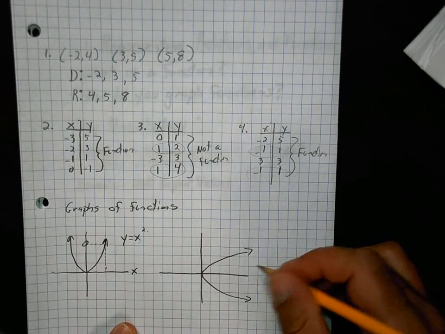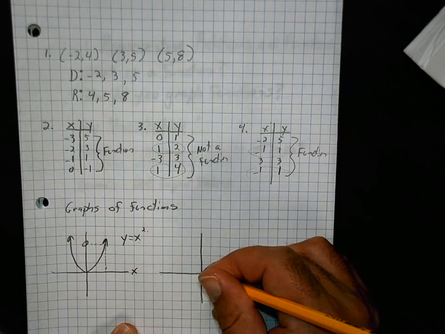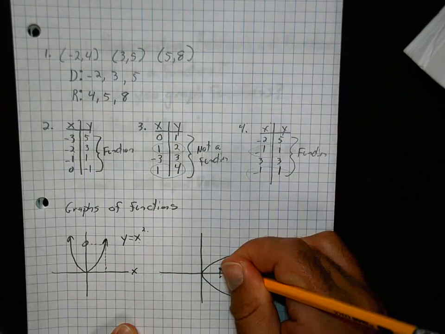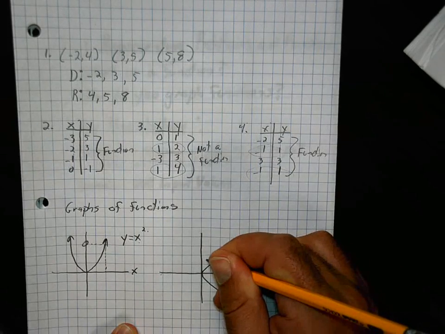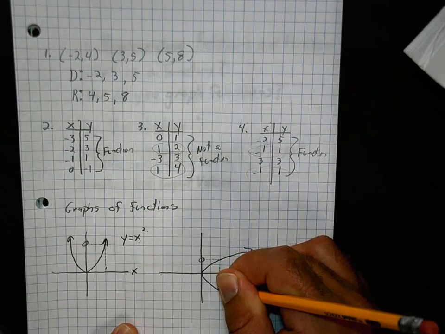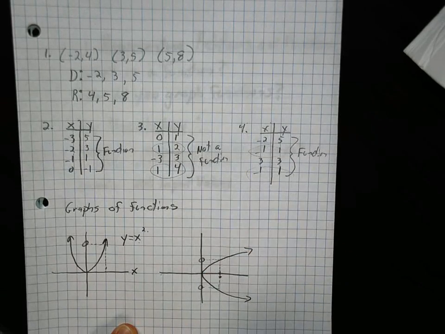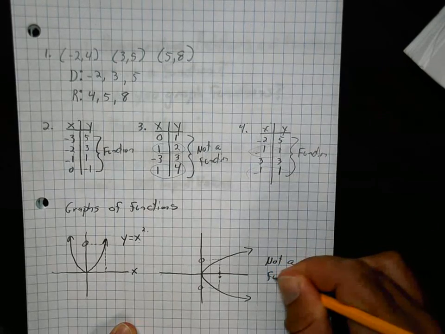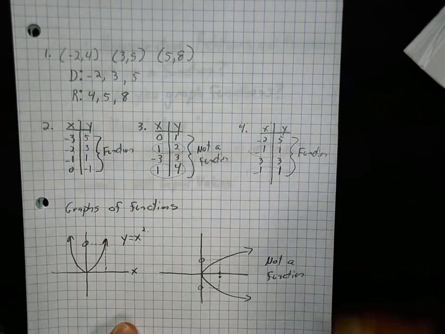This would not be a function, because for an x value, let's say we look at -2 here, -2 could be mapped to two separate y values. So this is not a function.